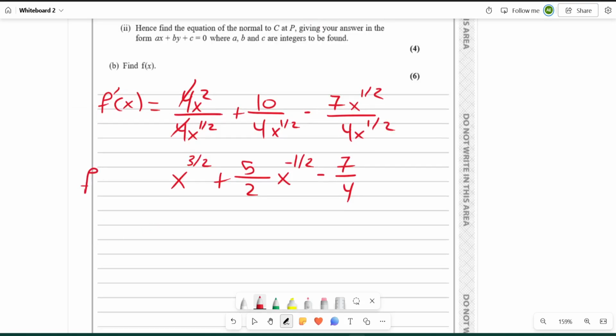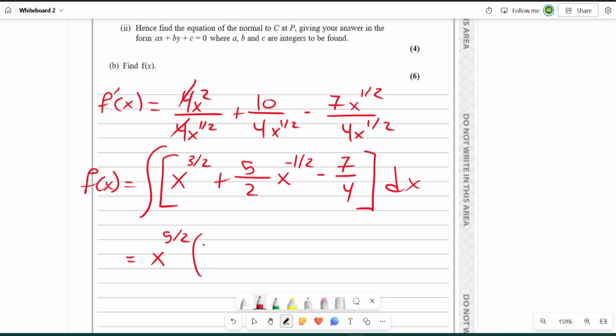So f of x is going to equal the integration of f dash of x times dx. So let's integrate that. This is going to equal x power, instead of 3 over 2, we add 1 to the power, so 5 over 2, and we divide by the new power.